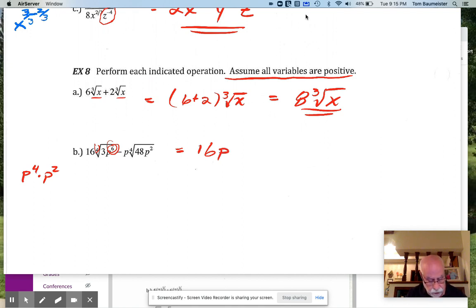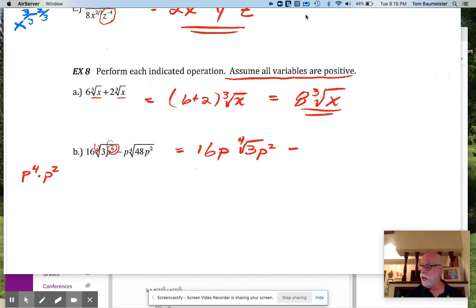And what I have left is the fourth root, not the cubed root, the fourth root of, what do I have left underneath the radical? That 3, because that would have given me a number that I can use. And I have p squared.